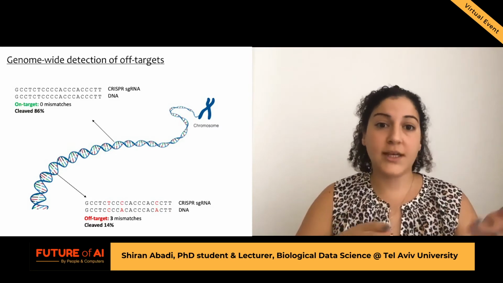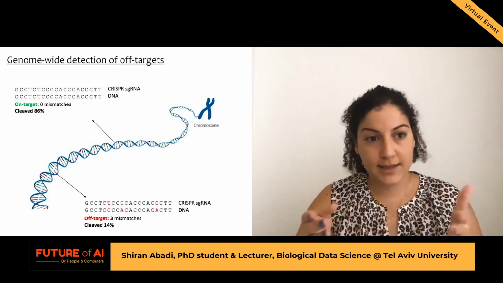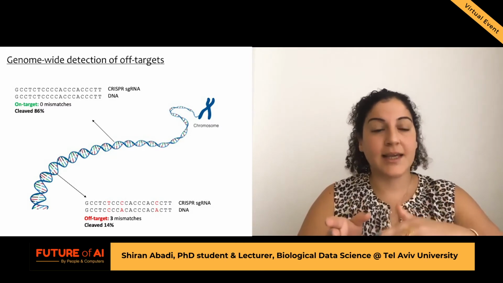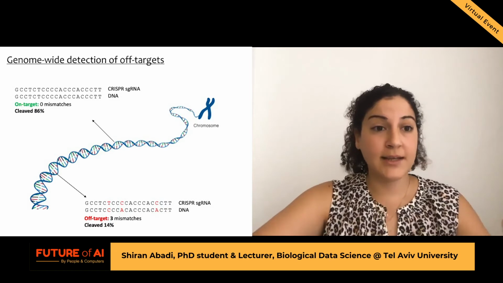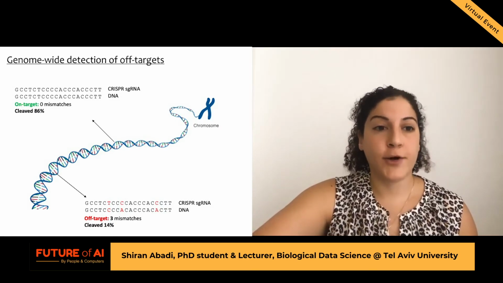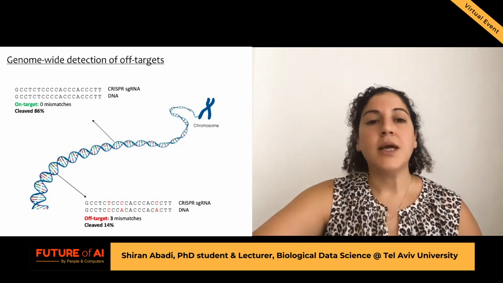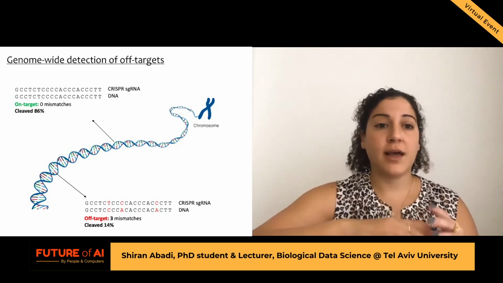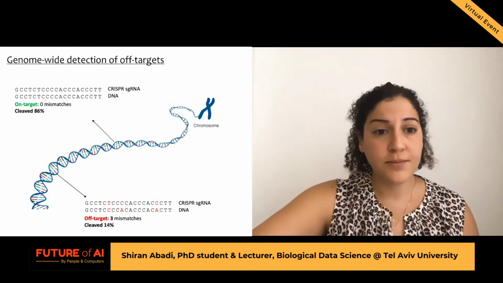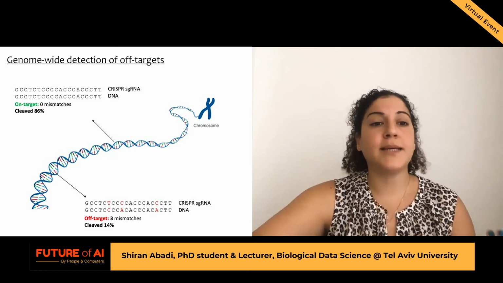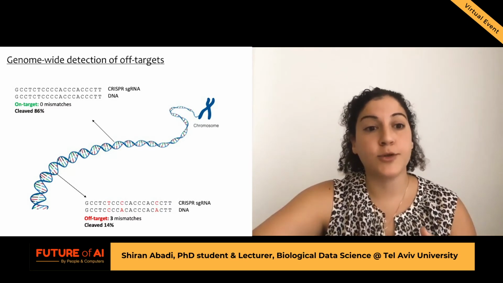So, of course, they reported the on targets, the design targets that match exactly the sgRNA that they designed, here in green, and the frequency at which they were cleaved. And also the off targets that are spread over the genome, the false positives of CRISPR, which contain mismatches to the CRISPR design.